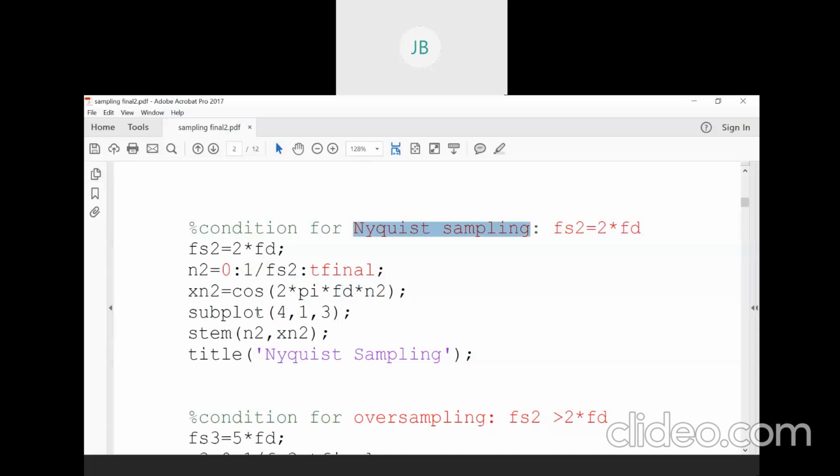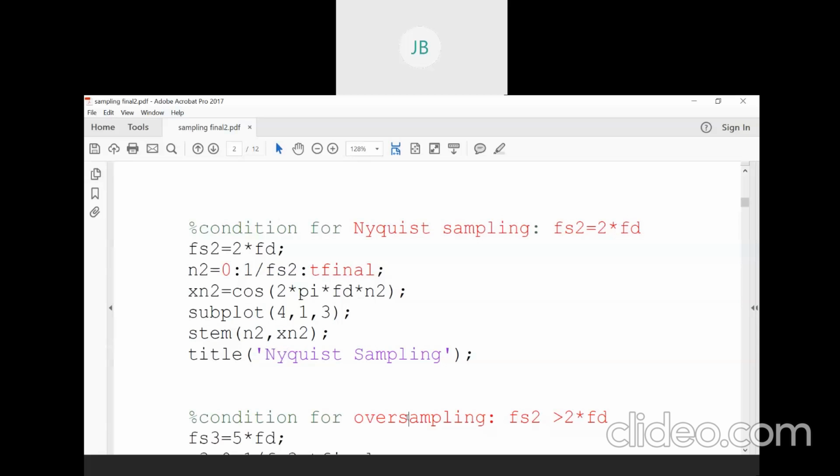Then we will plot it as a third subfigure in the main figure, and the values are plotted using the stem command, because this is again a discrete variation of n2. n2 is having a variation at 1 by fs2. Every 1 by fs2 instant you have the variation for n2, and x[n2] the corresponding amplitude variations. And we will title it as Nyquist sampling.